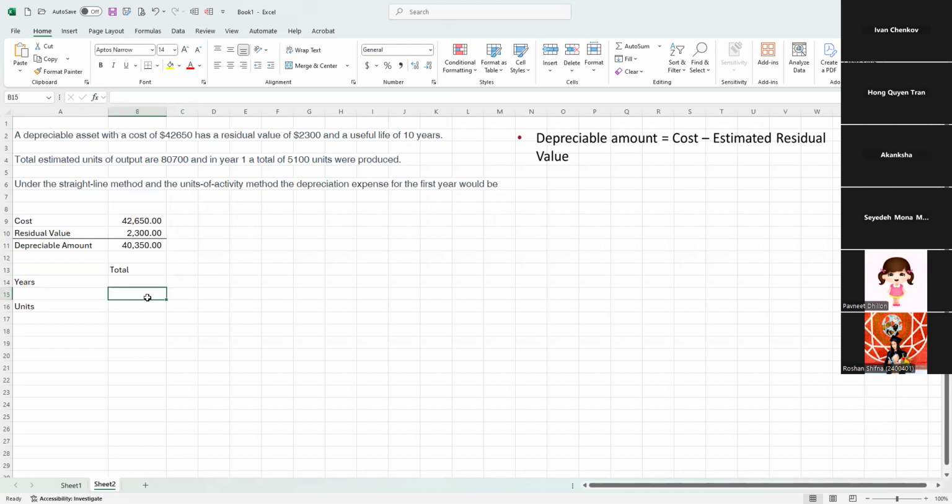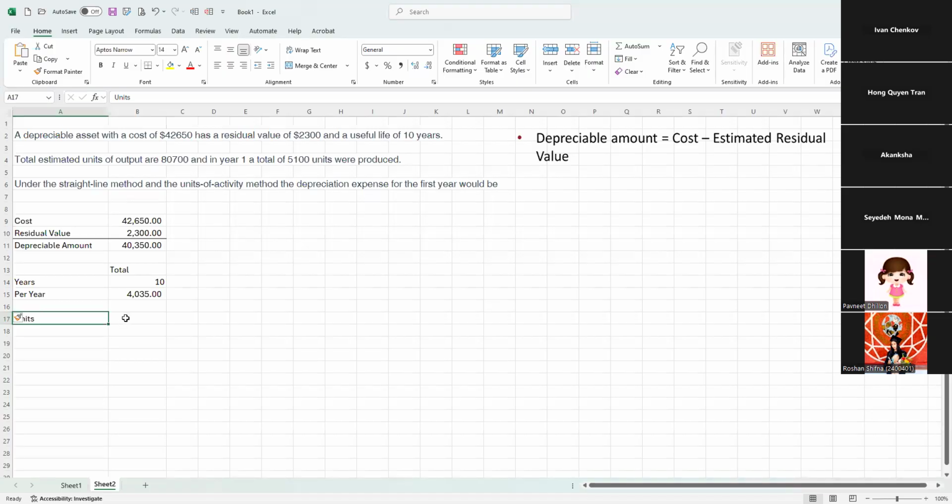How many years do we have here? 10 years. Now the question is how much will it be per year? Whatever we have to depreciate divided by the number of years, correct? Make sense?